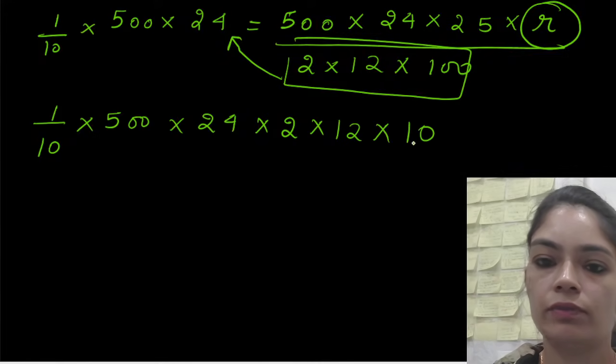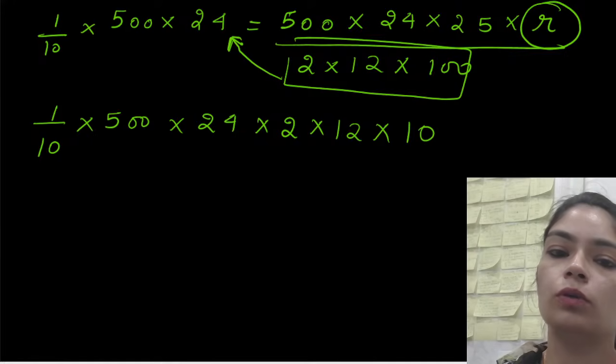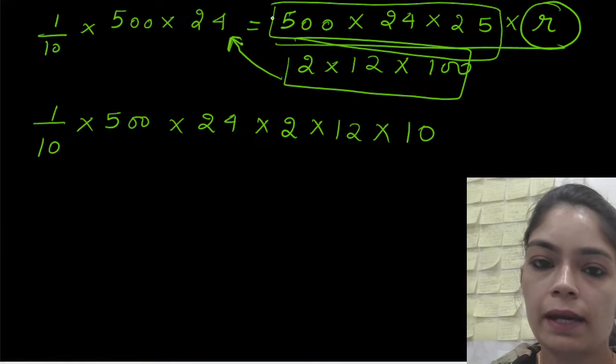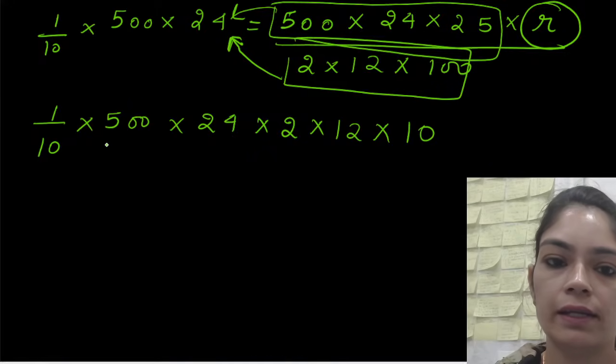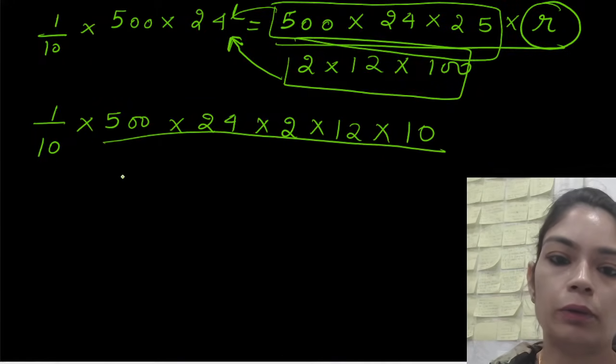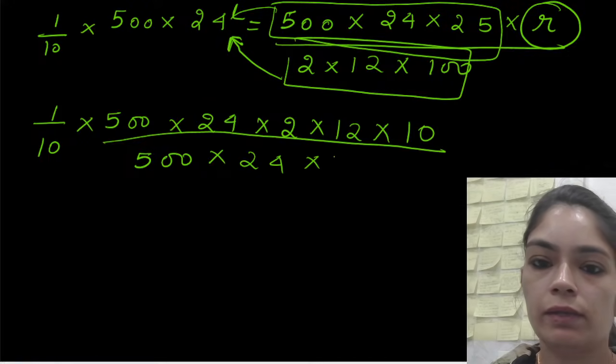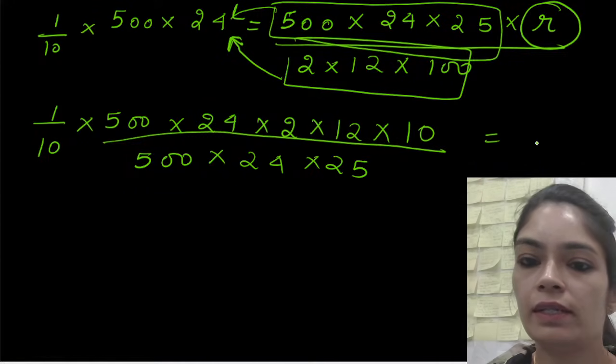So everything I have shifted from denominator to the numerator of other side, and these things which are getting multiplied by R, I am going to shift this to other side. Here it will come down. So 500 into 24 into 25. Now other side we are only left with R.